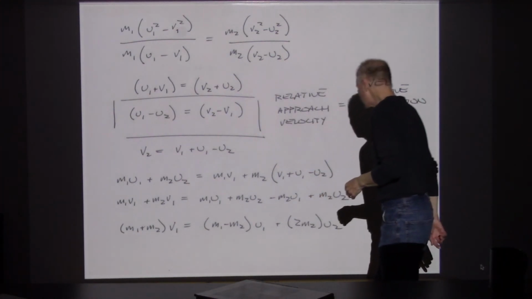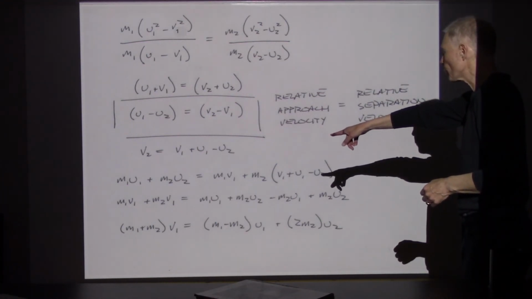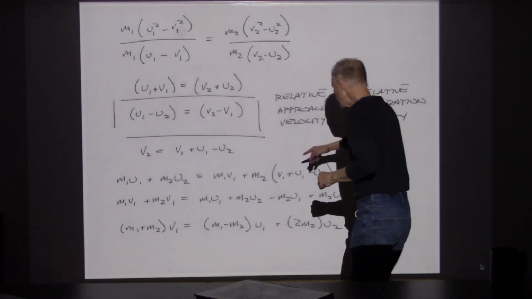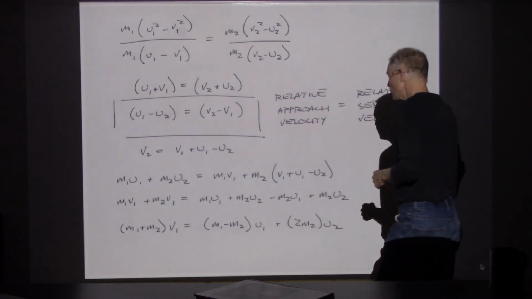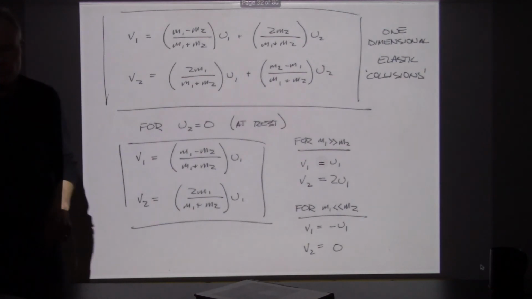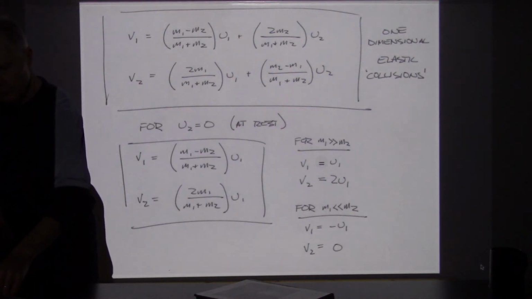It's still a few steps here, as you can see, but what I've done is collect terms with V1 on the left, and then carefully cancel out and simplify the terms on the right. I'm going to turn the page here. And what I ended up with was this. Oh, that was a big jump. Let's go back.